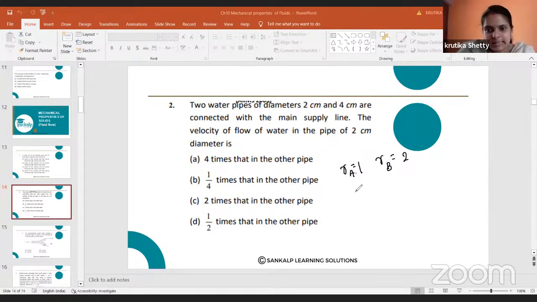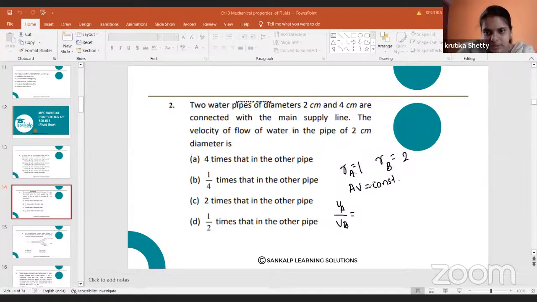Then next, it is based on the equation of continuity, that is, AV is equal to constant. So this equation can be written as, for A, the velocity of A divided by the velocity of B is equal to constant divided by area.